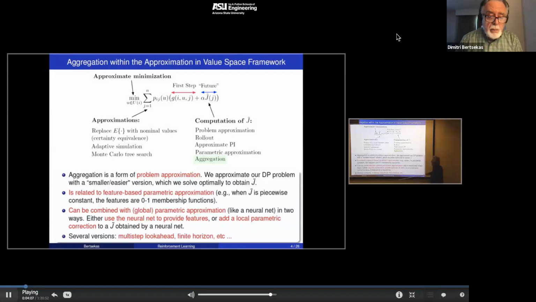Moreover, there are several versions of aggregation. Here's one step look ahead. We could be looking at multi-step look ahead, which is very similar, finite horizon as opposed to infinite horizon, and there are other versions that I'm going to go into in the next lecture. For today's lectures, this is the figure, okay?